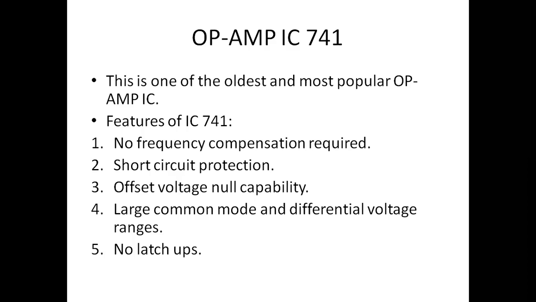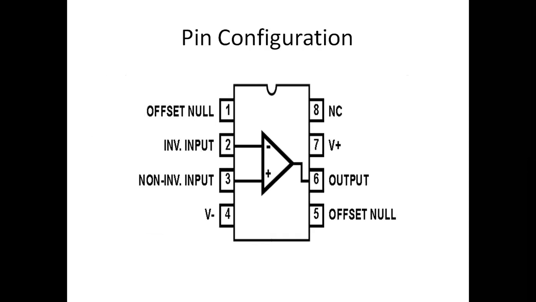There is a short circuit protection provided. There is a zero offset voltage capability. There will be no latch up. And there are large common mode and differential voltage ranges. So these are some features.